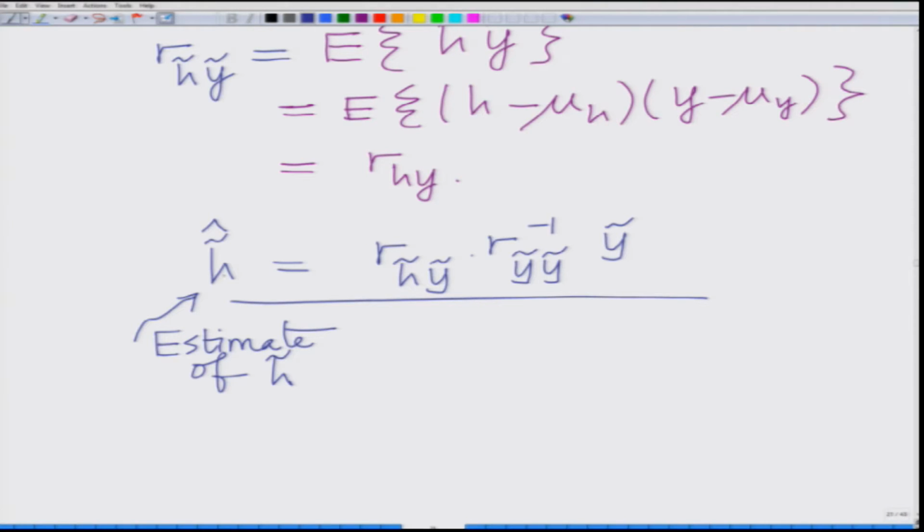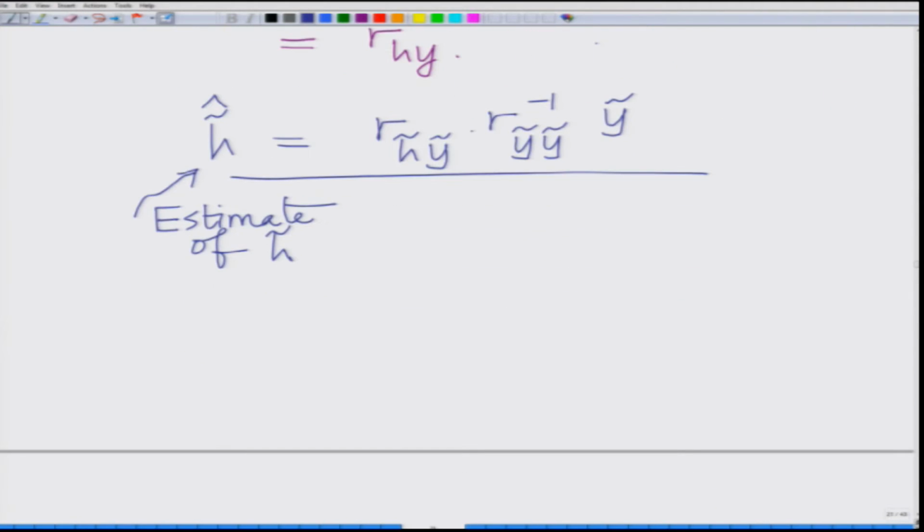We have the same expression: h tilde hat equals r h tilde y tilde times r y tilde inverse into y tilde. Previously, we had h hat equals r h y into r y y inverse into y. Now, in the same relation I am replacing h by h tilde and y by y tilde. And now you can see clearly, h tilde equals h minus mu h, where mu h is a constant, a mean.